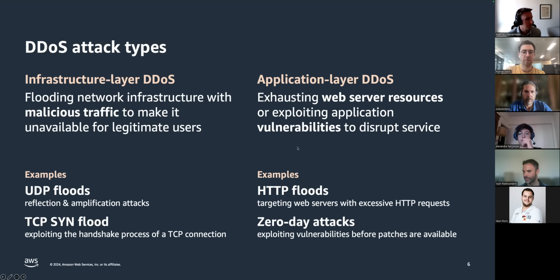On the other hand, we have application layer attacks that target web servers and applications directly, often by exploiting vulnerabilities or sending HTTP floods with well-formed but excessive HTTP requests, leading also to decreased availability.